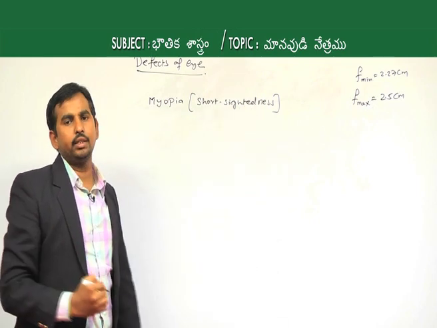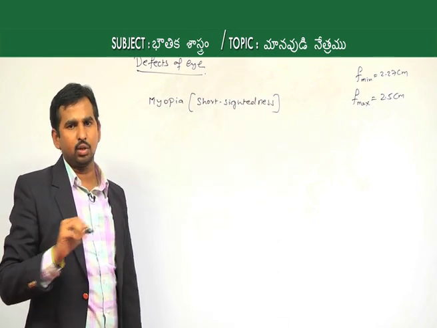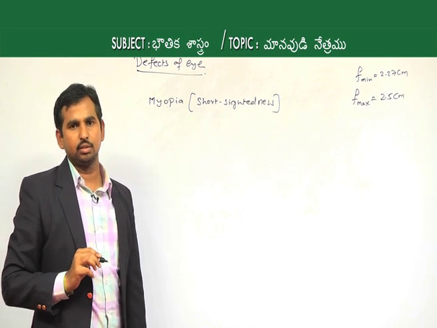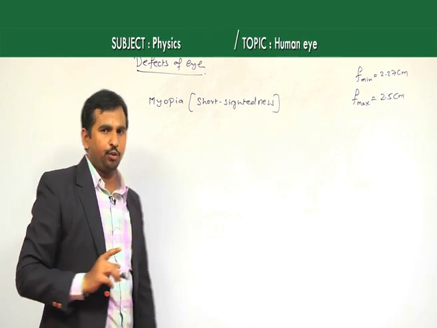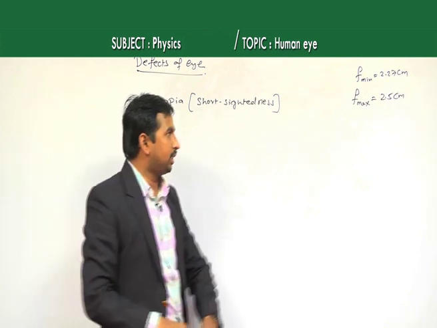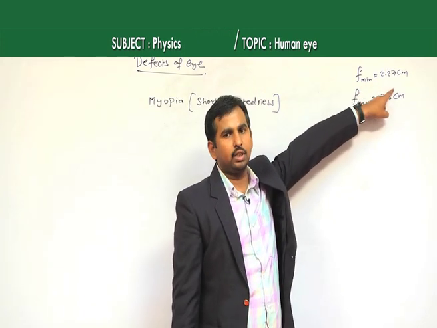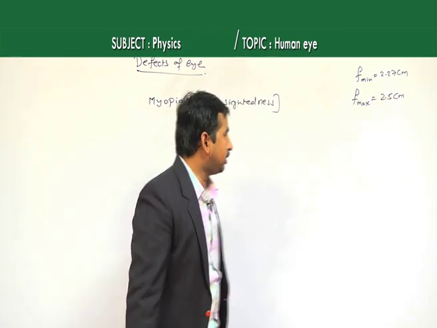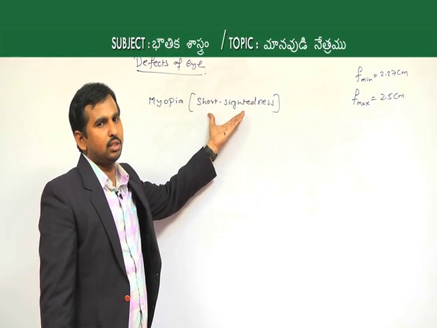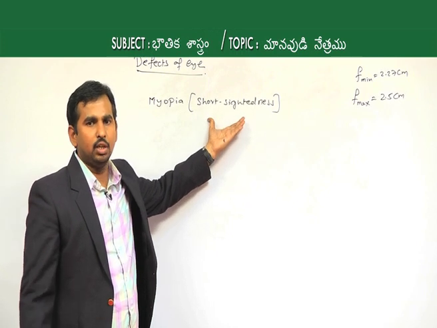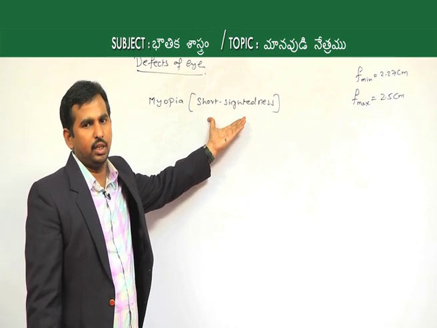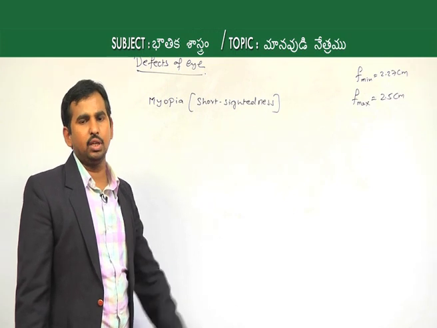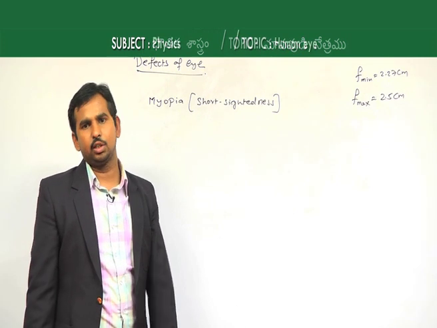We can see the near distant objects very clearly, but not the far distant objects. If you want to see the near distant objects, the minimum focal length required is 2.27 centimeters. Here the problem is with far distant points.